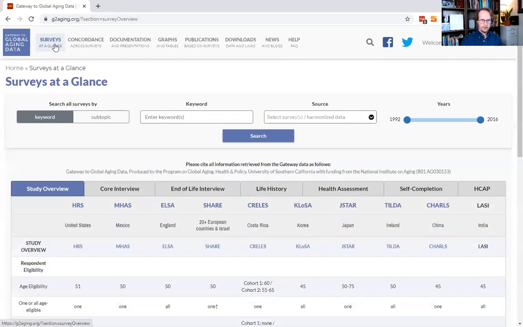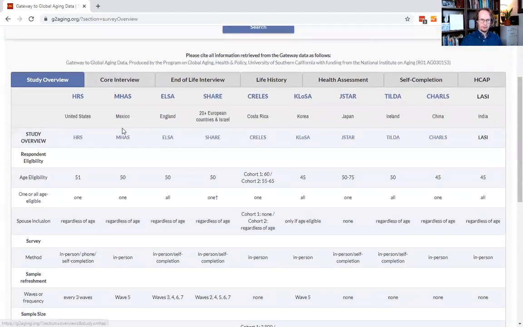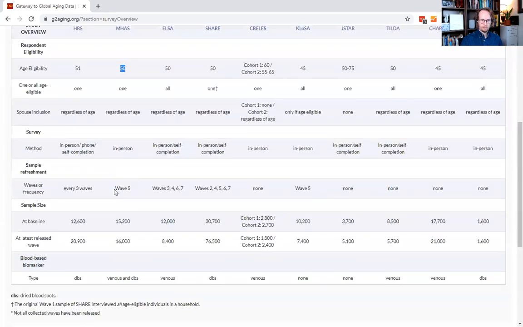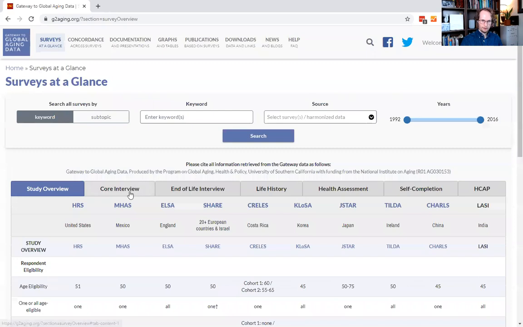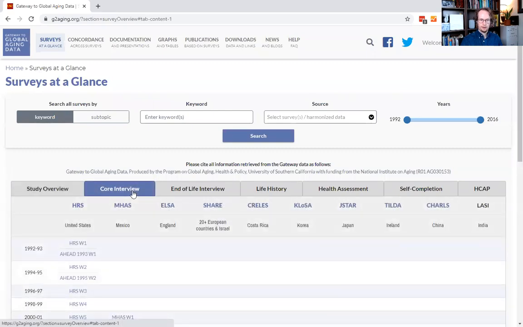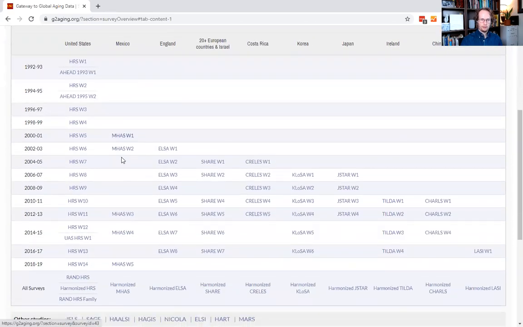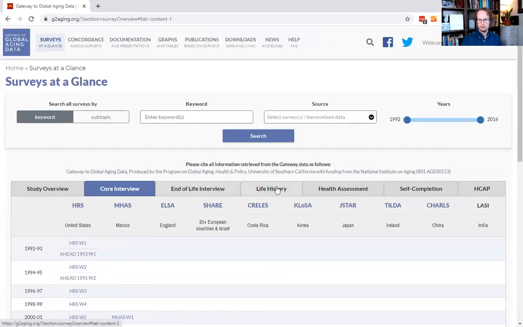On our site, if you click on surveys at a glance, you can see some broad overview here about MHAS. So for instance, that it's 50 and over, that it's one person, that it collects blood. You can also have links to all of the survey instruments and questionnaires themselves, both for core interview, end of life, life history, health assessment, self-completion, or age gap.